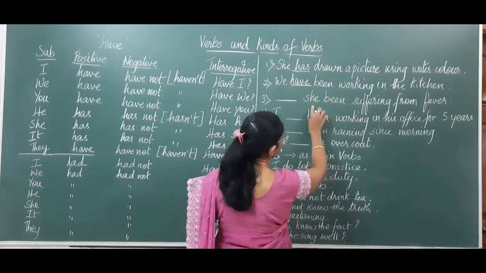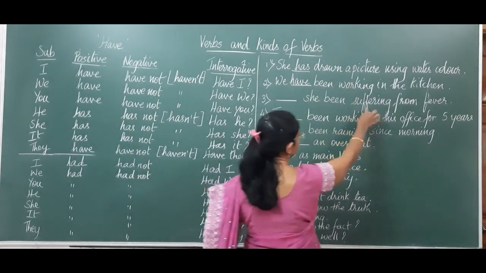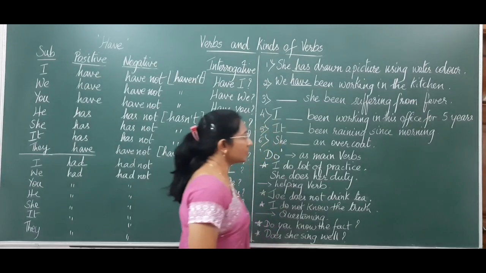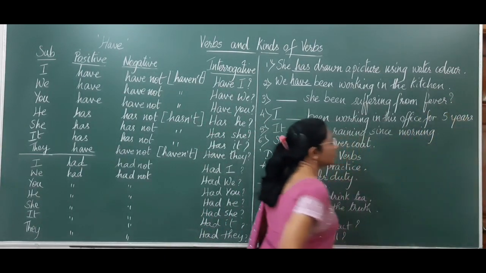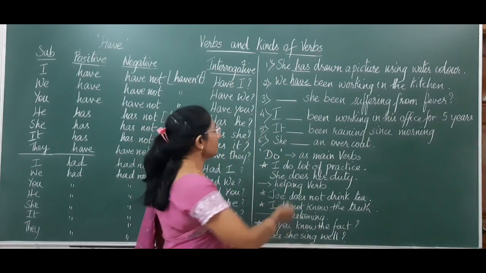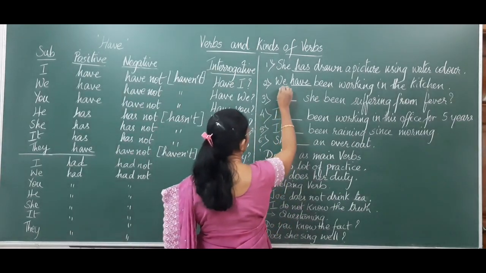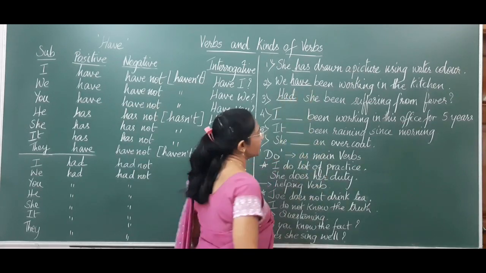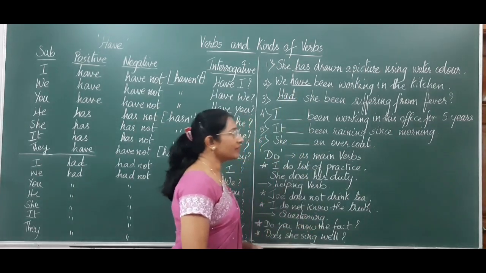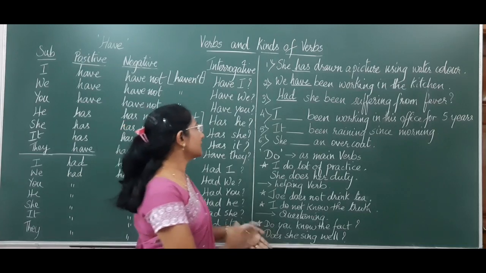Next, dash she been suffering from fever. So, this is a question. Have verb used in question form. Had she been suffering from fever?